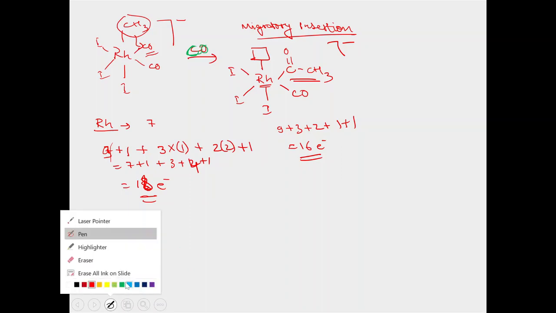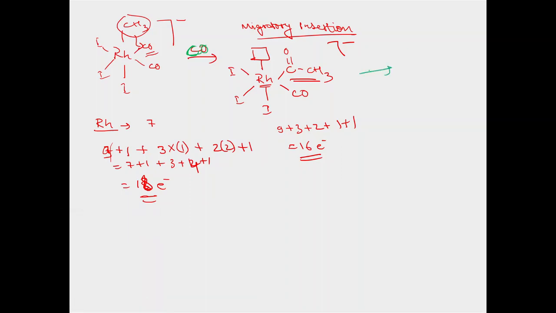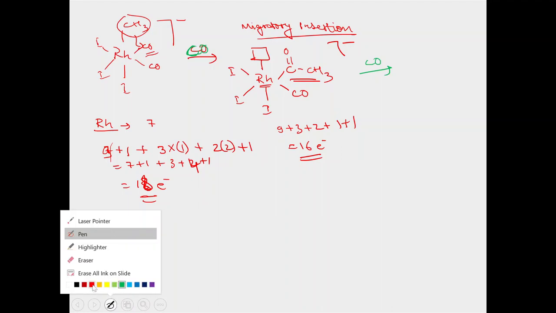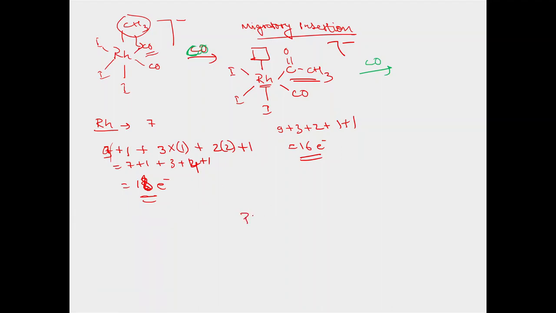Now what will happen is this incoming CO, which is given in the question, will attack and we will get this complex, which is Rh, OCH3, CO, I, and this CO. So this is again an 18 electron complex.